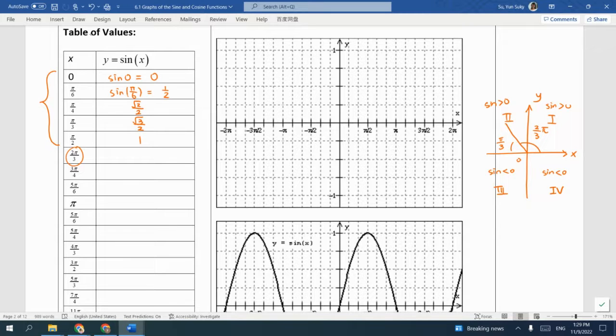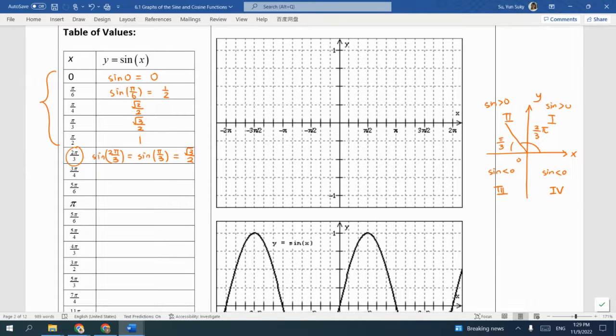So sine of 2 pi over 3 is positive sine of pi over 3. Is that okay, everybody? Yes. So sine pi over 3 is root 3 over 2. Okay.